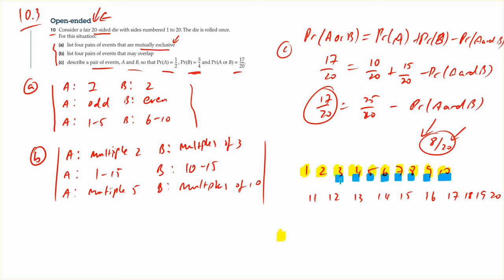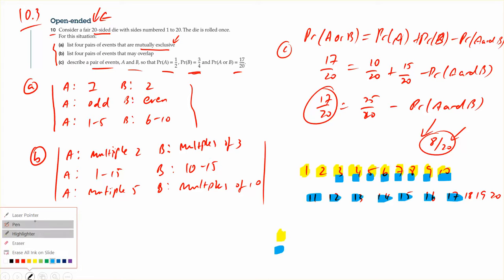So that's part of A and B, so it's part of B as well. So B's got 8. For B I need 3/4, I need 15. I've got 8 already, so I need 7 more. So let's go back to the pen.